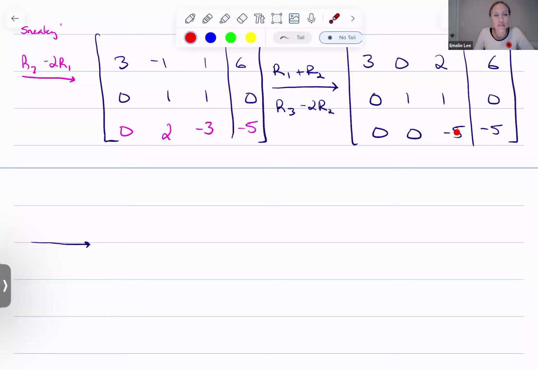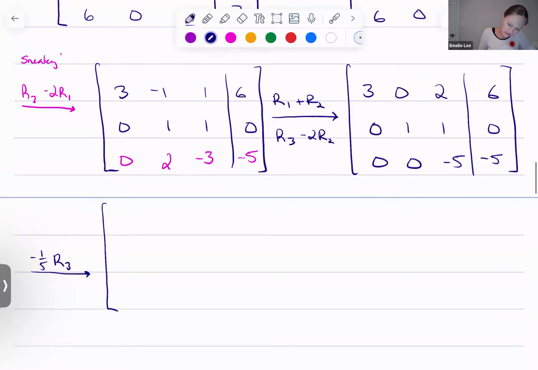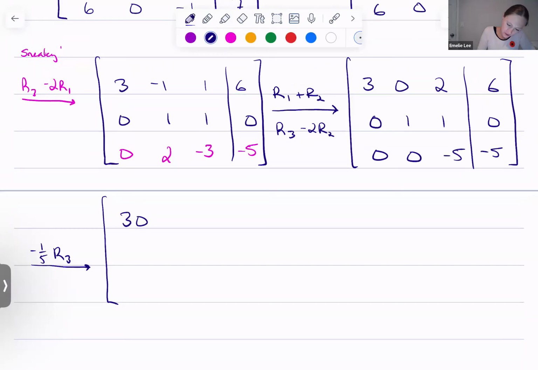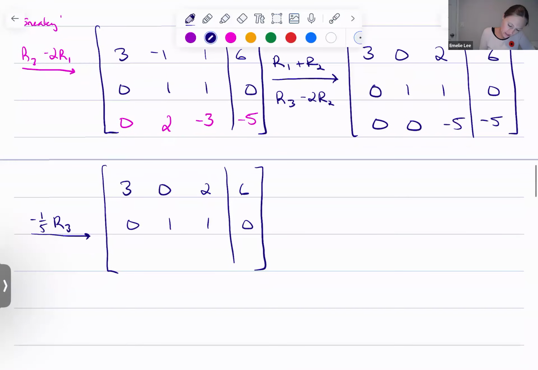To turn -5 into 1, I'm going to take -1 divided by 5 times row 3. And the other two rows remain unchanged, but you want to write them with a little bit of spacing, not smush them like I just tried to do. 0, 1, 1, 0. And 0 divided by -1 or times -1 over 5, 0, 0, 1, 1. Score. Easy.